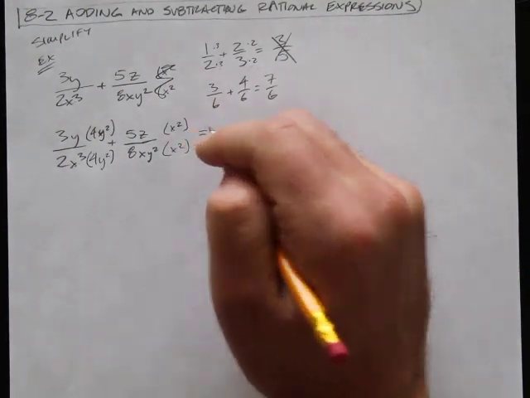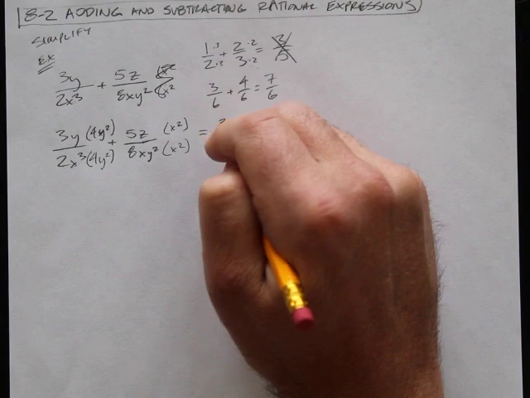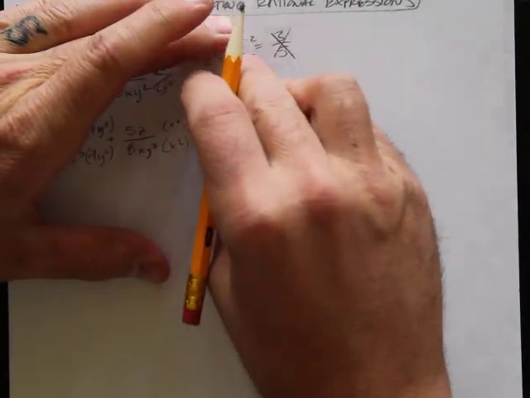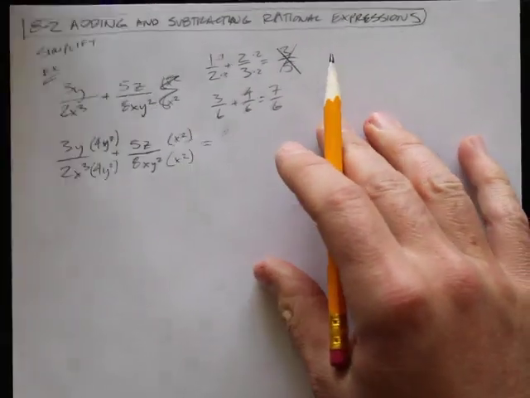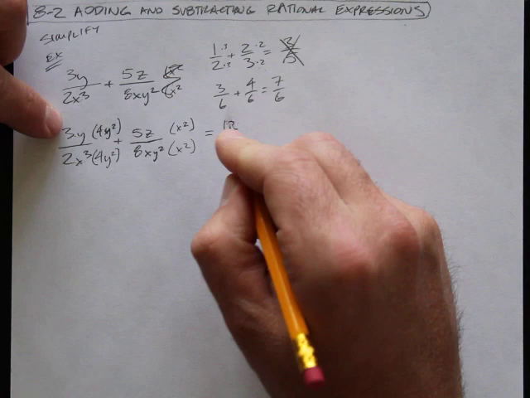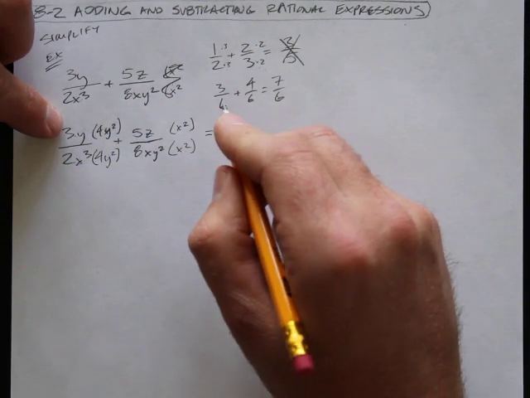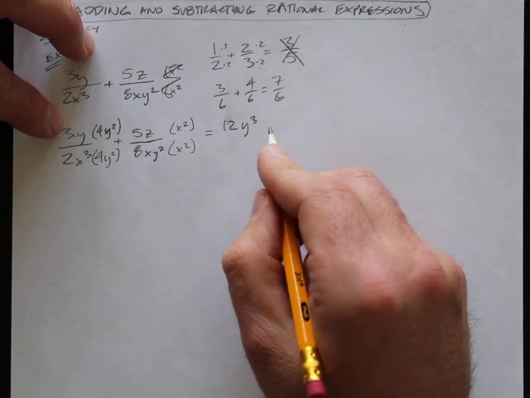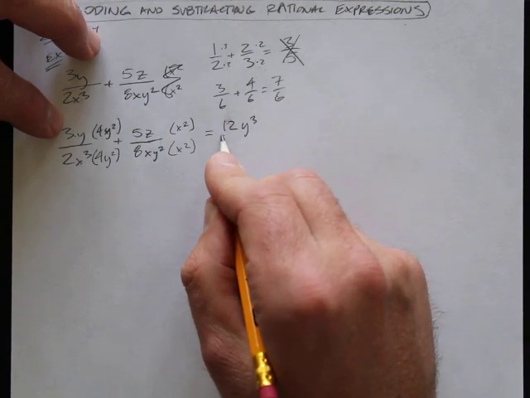Okay, I add these together, and so I get, well, let's multiply this. On the top, 3 times 4 is 12. Y squared times y is y cubed. I've already been doing too much talking today.